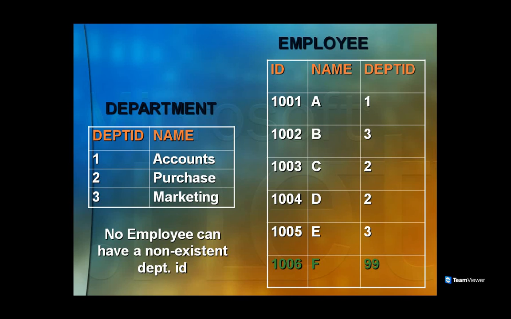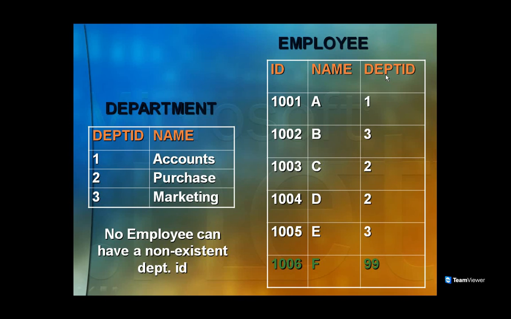Even though HR may enter a wrong department number, SQL Server should not allow it. So when you create a primary key and foreign key, these kinds of issues will not occur. The department ID of the parent table would become a foreign key.